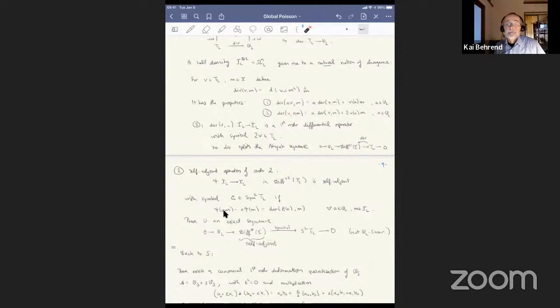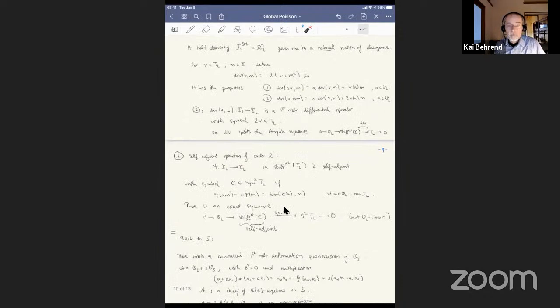If I commute with multiplication by a scalar function, it's second order, so I get a first order operator, and that's this divergence operator. If I denote these self-adjoint operators by diff star, I get an exact sequence like this. The symbol goes to S2TL, but now the kernel is only OL. So I've gotten rid of the order 1 part, so to speak.